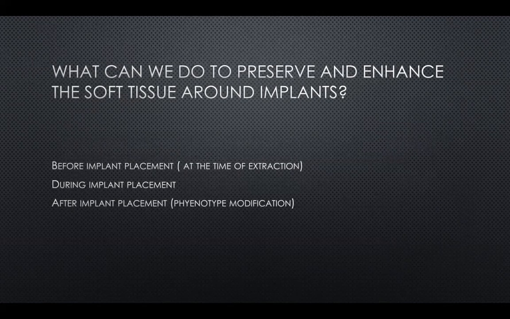We can do it before implant placement or at the time of extraction. We can do it during implant placement, and we can do it after implant placement, which is called phenotype modification. So you already have a phenotype and you're modifying that on your existing implants. It's called phenotype modification.